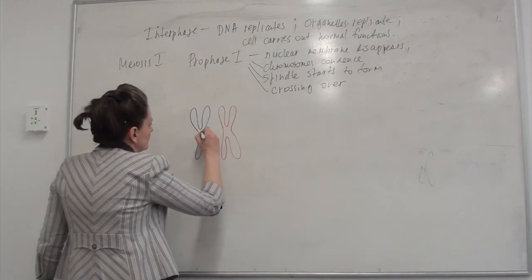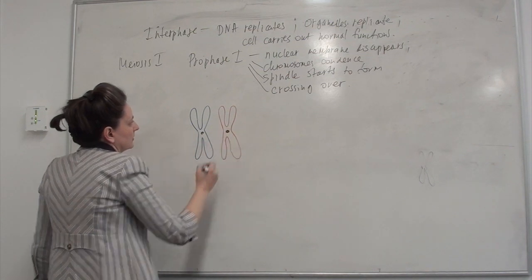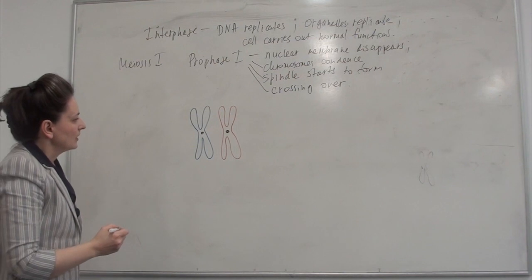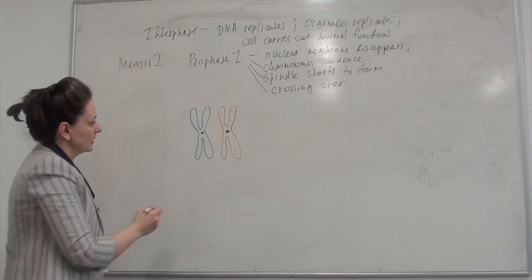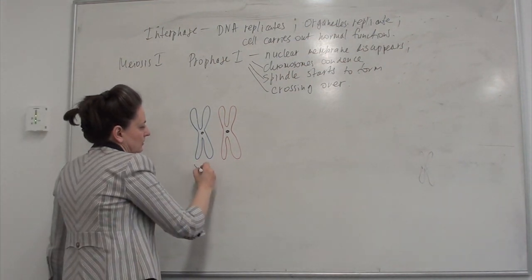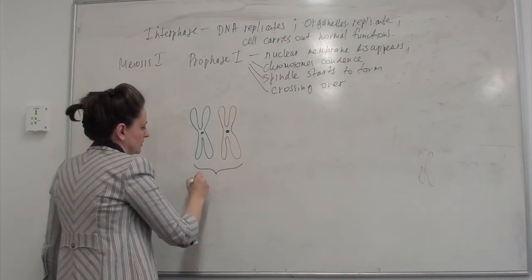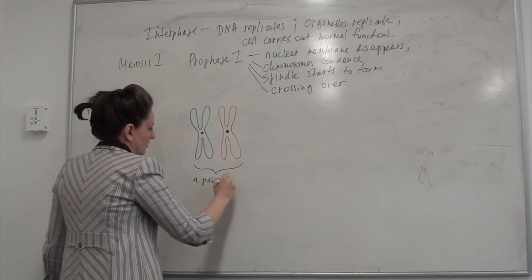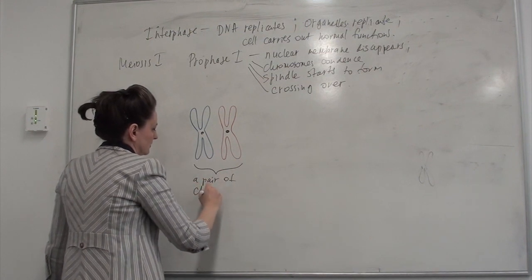So these 2 chromosomes contain 2 sister chromatids each. But these 2 chromosomes I've drawn, they're a so-called pair of chromosomes. So this represents a pair of chromosomes.